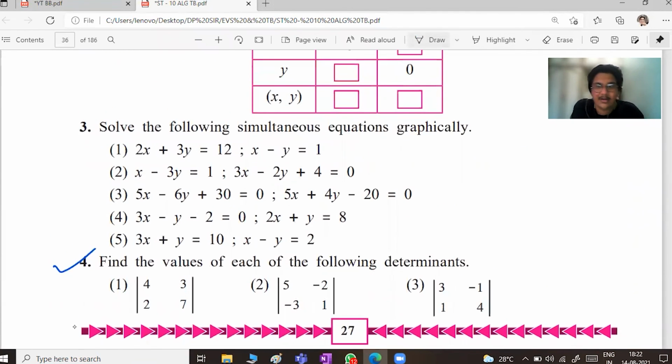Remains question number 3rd, but in this question they have told solve the following equation graphically.